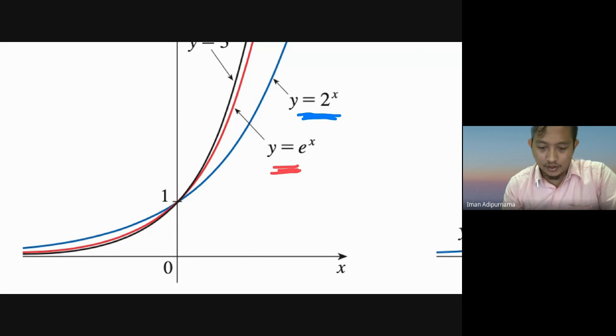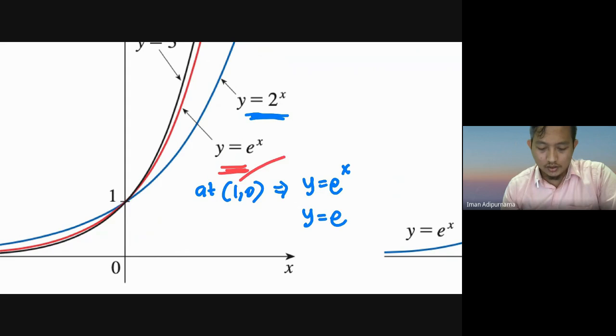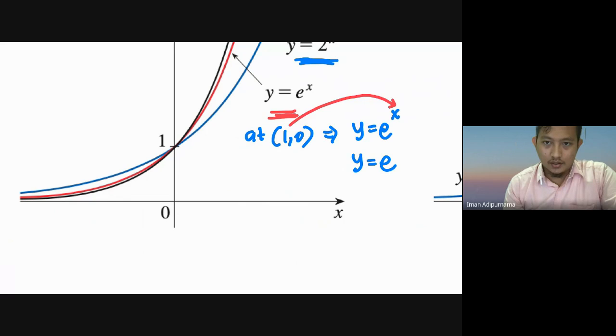At 0, 1, we have y equals e to the x. The tangent, y prime, is the same, e to the x, and it's also e at this point.